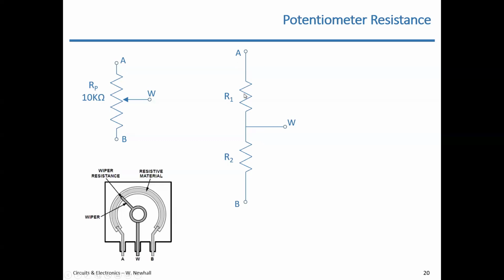Between A and W, I have R1. That would be the resistance along this smaller portion of the arc. Resistance R2 would be the resistance between B and W, the resistance along the longer part of the arc as shown here. And remember, you can reposition the wiper so you can make those arcs any length, but that distance has to sum to the total arc length between A and B.